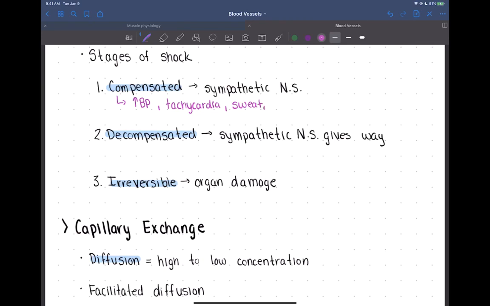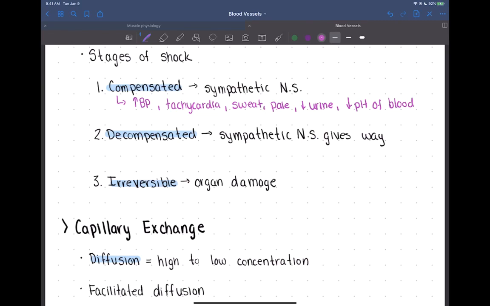Likely they'd be very pale, have a decrease in urine production, all right, and their blood pH can drop, which also is very, very dangerous, all right? So in a patient that is compensating, this is kind of the general symptoms you'll see. So that's the first stage of shock.